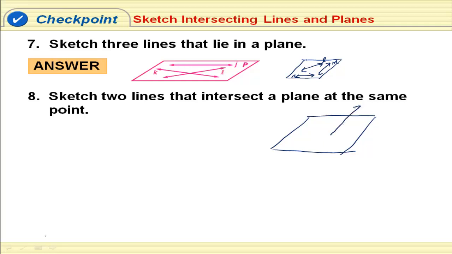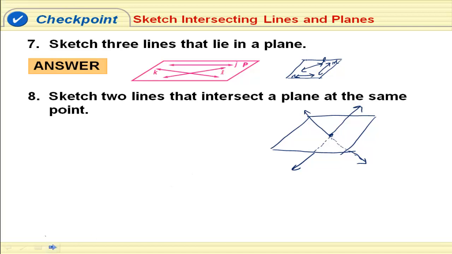I can draw a line going this way and a line going this way. And then they share this point, and let's say this continues underneath the plane. And this one continues underneath the plane. There. 2 lines that intersect a plane at the same point. So it pierces the plane at the same point.